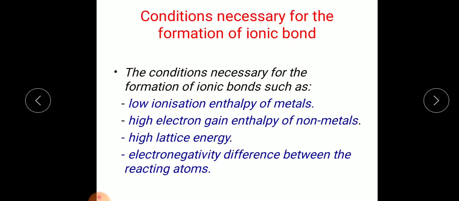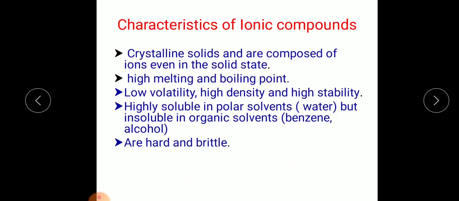That means when the lattice or the structure is formed, a high amount of energy is released. And next is the electronegativity difference between the reacting atoms. It should not be the same electronegativity. That means one should be more electropositive and the other should be electronegative.